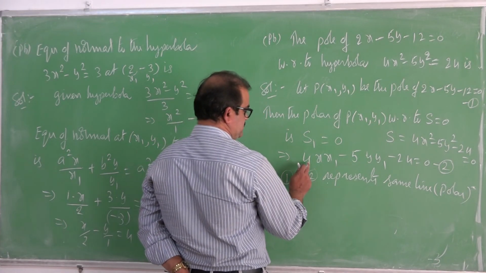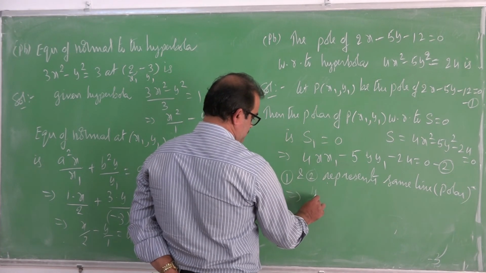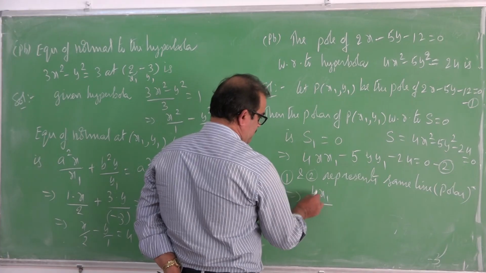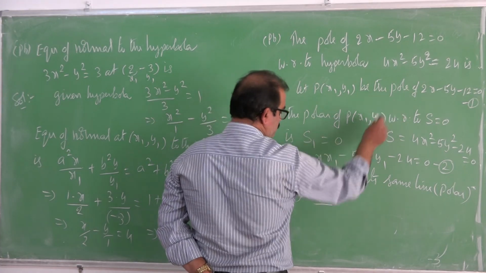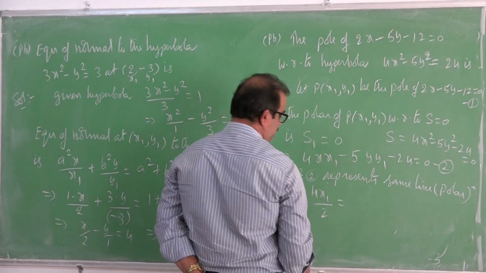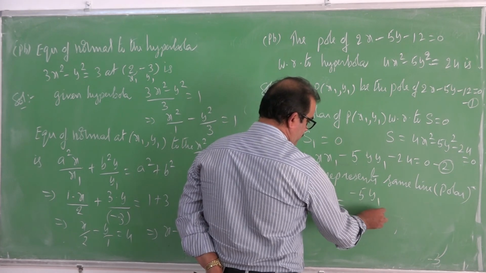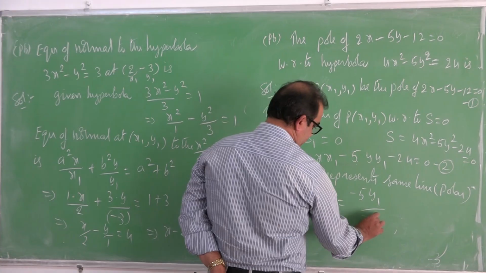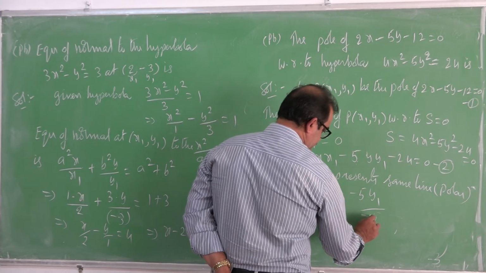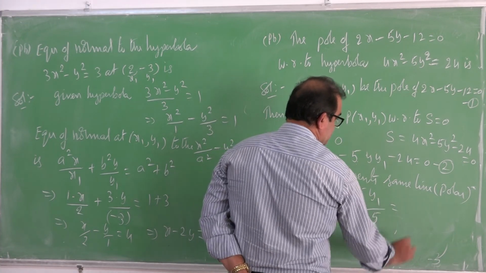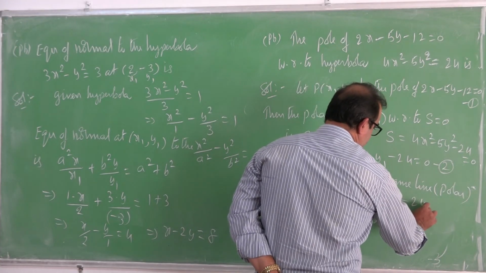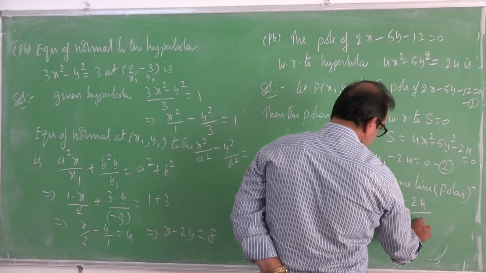Take the ratio of x coefficients, 4x1 by 2 is equal to ratio of y coefficients, minus 5y1 by minus 5, is equal to constant terms, minus 24 by minus 12.